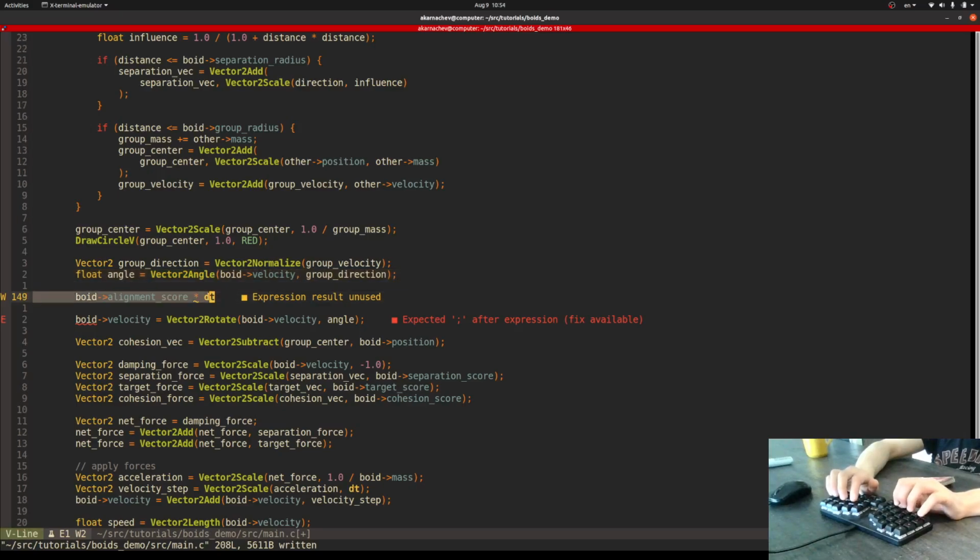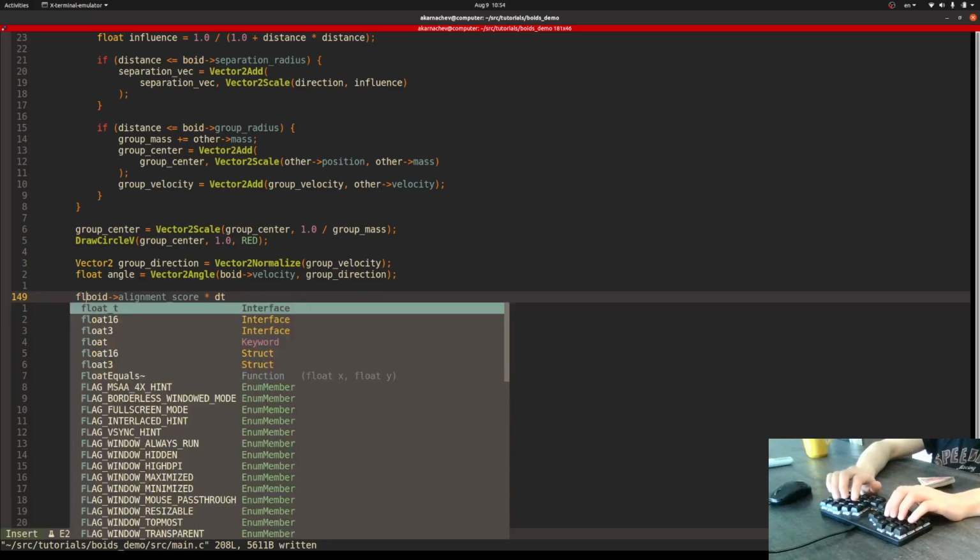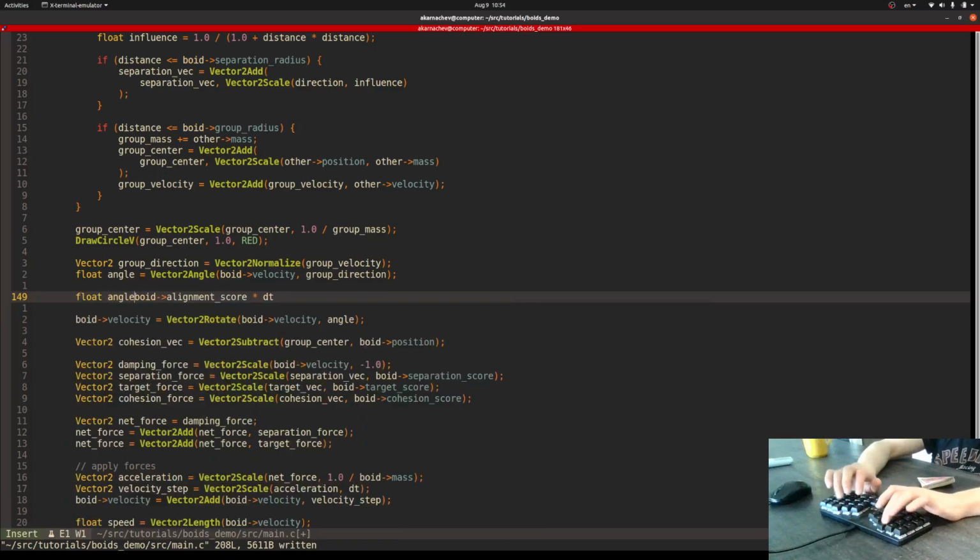This is the angle I can rotate. Actually, I can rotate: float angle step is equal to this stuff, and I can rotate only by this angle step.